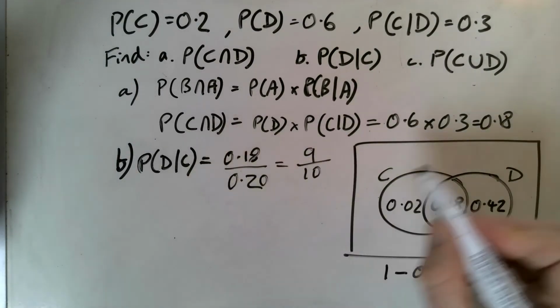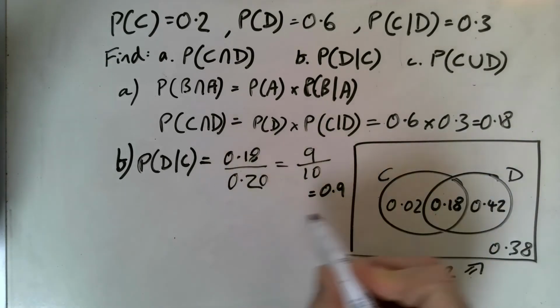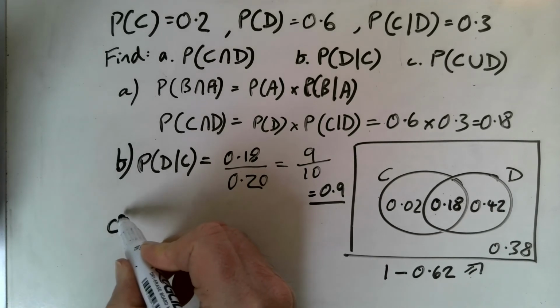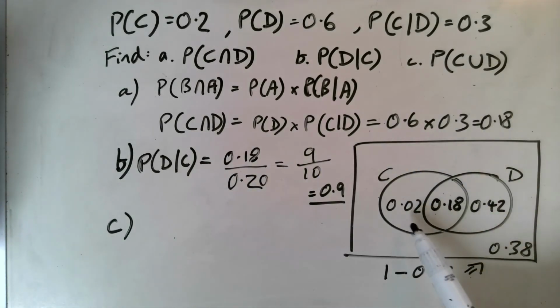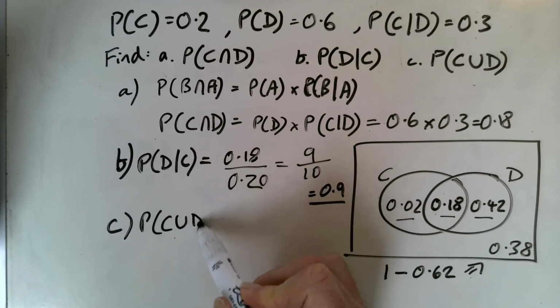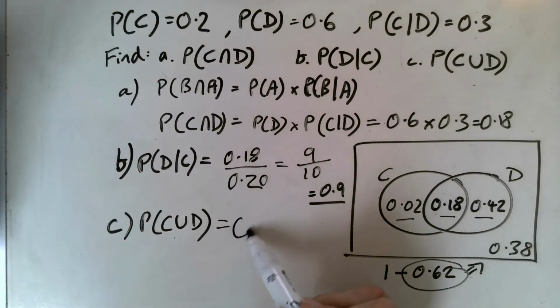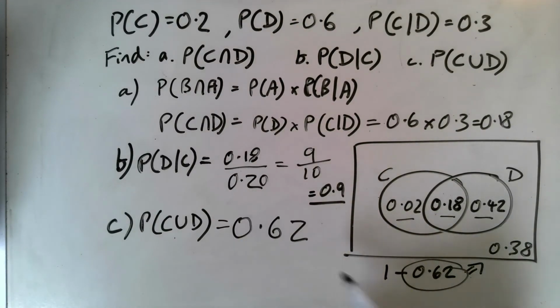Then, as we're in decimals already, let's stay with decimals. Part C, C union D, that's all 3 of them, isn't it? So all we have to do then is add those 3 up, or add 0.42 on to 0.2, which we've already done, haven't we? And that gives us 0.62.